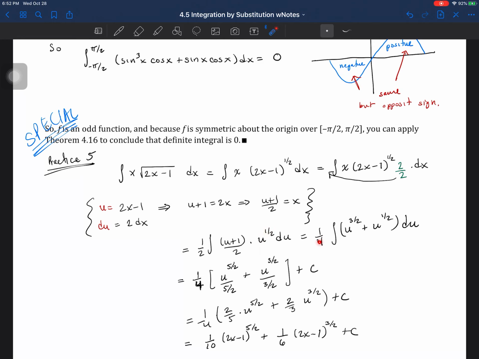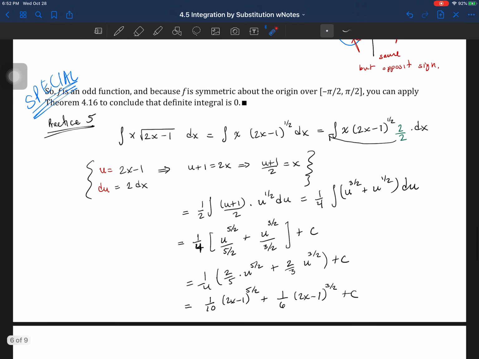Then we can just use the normal antiderivative: add 1, so it'll be u to the 3/2 over 3/2 plus u to the 1/2 plus 1 over 3/2. Then we multiply by the reciprocal, so it'll be 2/5 times u to the 5/2 plus 2/3 times u to the 3/2 plus c.